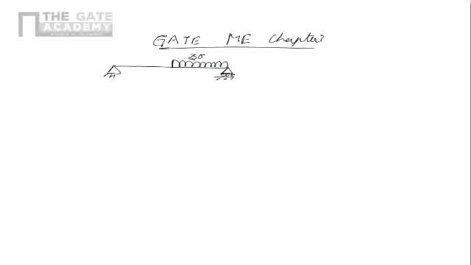The intensity of this load is 3000 Newton per meter, let's say that is denoted by Q, and this span is 2 meter, and this span is also 2 meter. So now we call this point as A, this point as C, and this point as B.